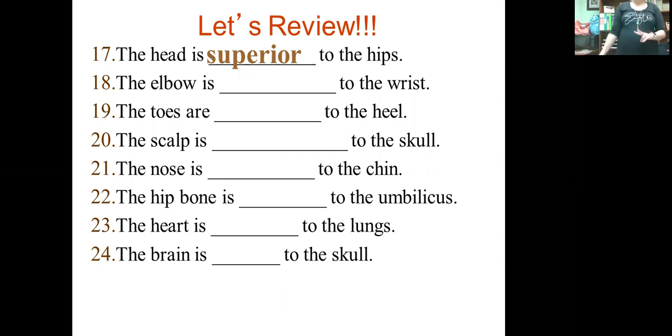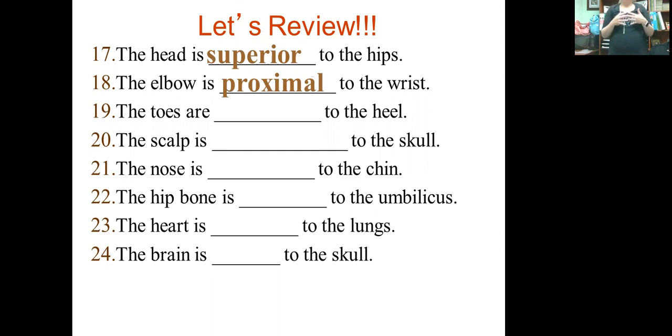So proximal means it's closest to its point of origin. So point of origin for your arm is your shoulder. Point of origin for your leg is your hip, okay? So your elbow is what to your wrist. Your elbow is closer to its point of origin, the shoulder, than your wrist is. So this is proximal to the wrist. All right.